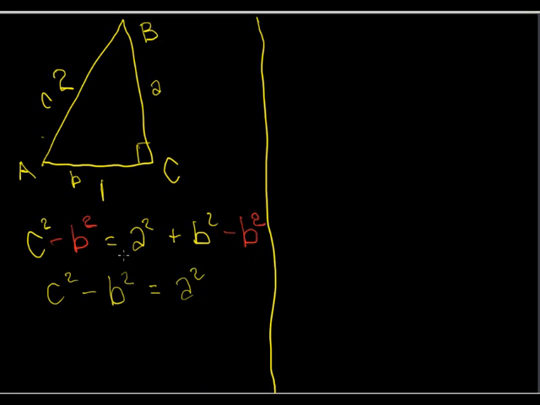Now to get A on its own, as we know, what we've got to do is take the square root. Square root of A squared, square root of C squared minus B squared. Now we know the square root of A squared, that's A.